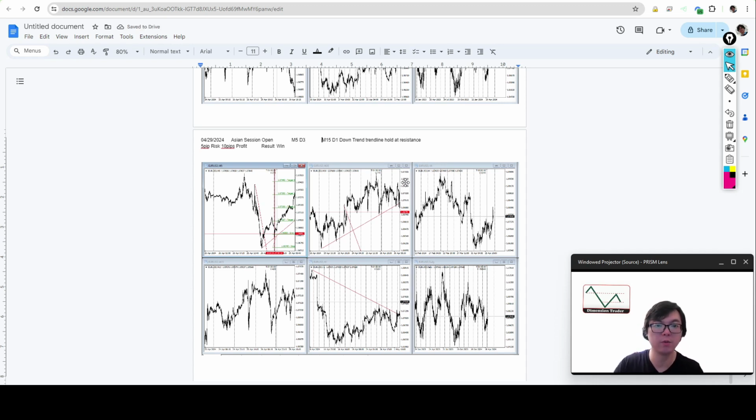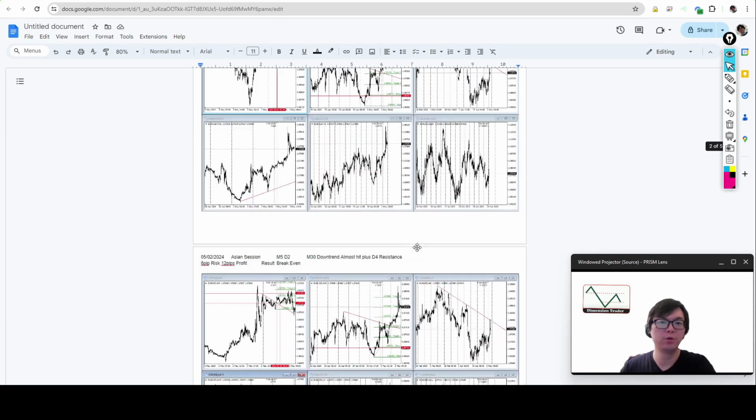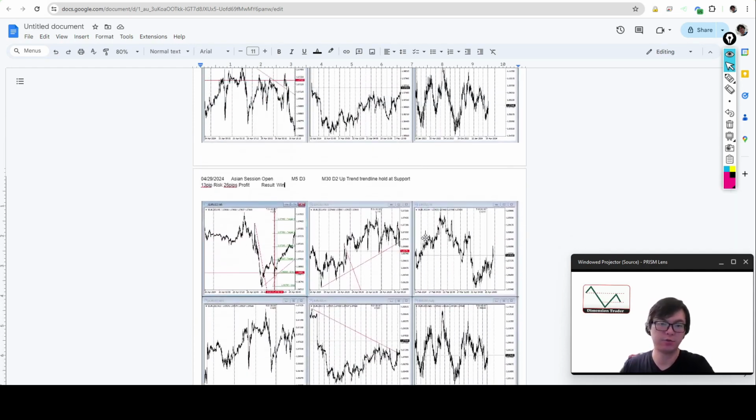And 30 minute is going to be dimension 2, uptrend trend line hold at support, where is the dimension 2 continuation. Result 13 pip, 26, result win. Okay, so far besides the London section we have 1, 2, 3, 4 backtesting so far.